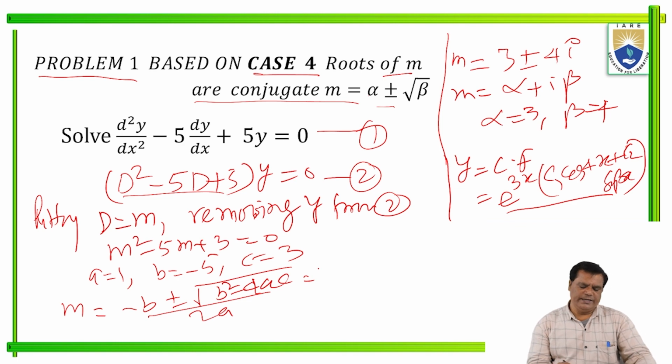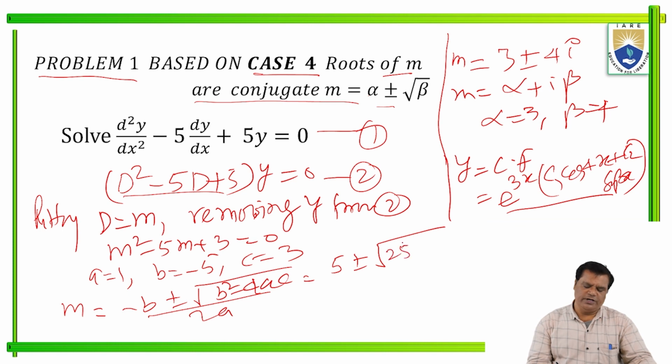So this equals minus b. Minus b means 5, plus minus under root b square. b square means 25, minus 4ac. a is 1, c is 3, upon 2. So here 5 by 2 plus minus 1 upon 2 under root 25 minus 12.